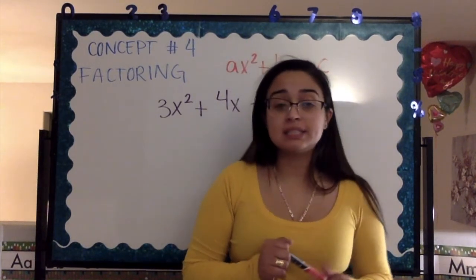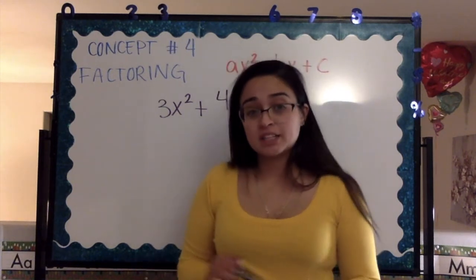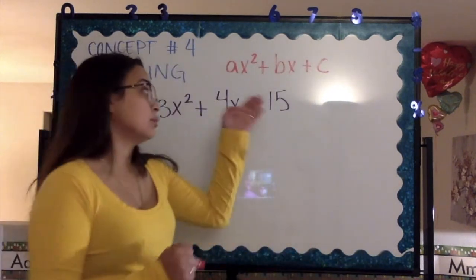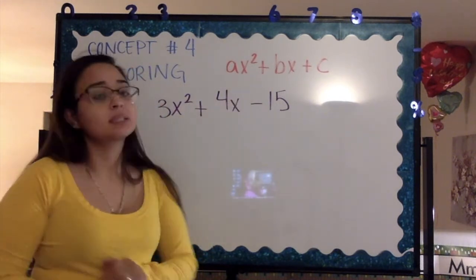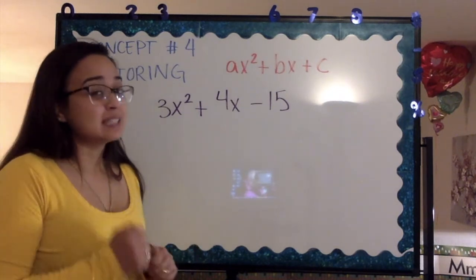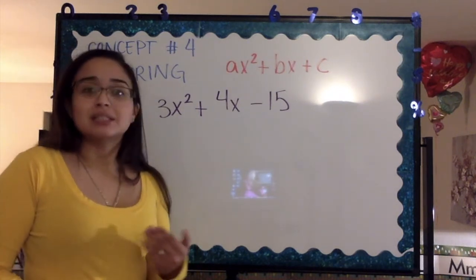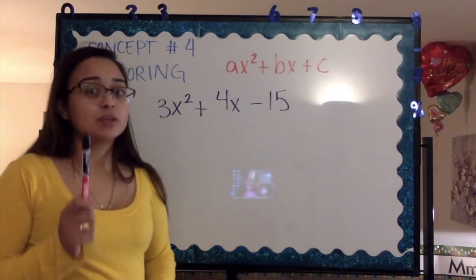Today we are continuing with concept number 4, which is factoring a trinomial in the format of ax squared plus bx plus c. Okay? Now, today we're going to be following the same steps, but being mindful of something new.